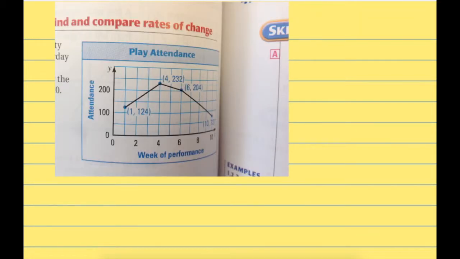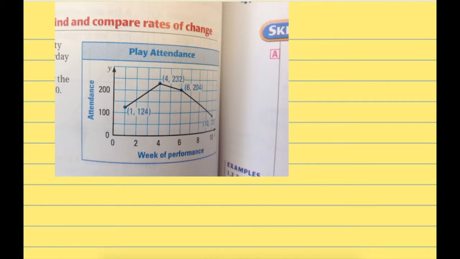Okay. In example 6, we have a picture. We have a graph that we want to find different rates of change on. So we'll put that up here, and we'll use that to pull some points that will allow us to calculate our rate of change. So here's our graph. The question says a community theater performed a play each Saturday evening for 10 consecutive weeks.